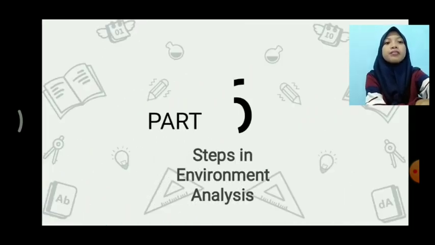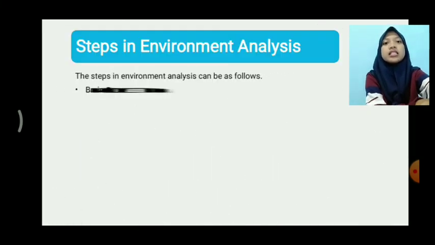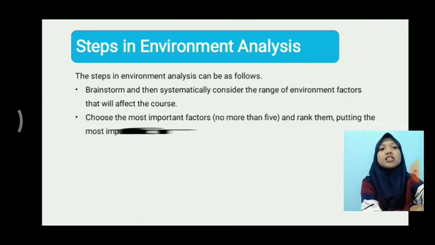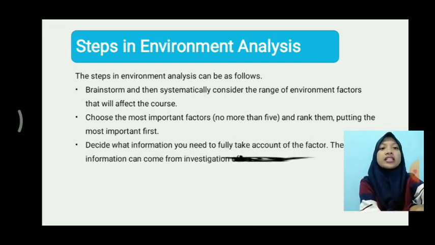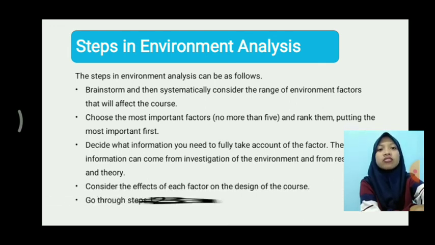Then part 6 is steps in environment analysis. The steps in environment analysis can be as follows. The first, brainstorm and then systematically consider the range of environment factors that will affect the course.